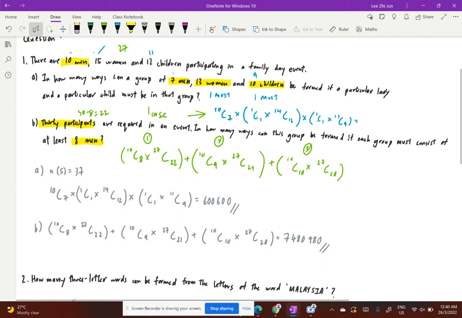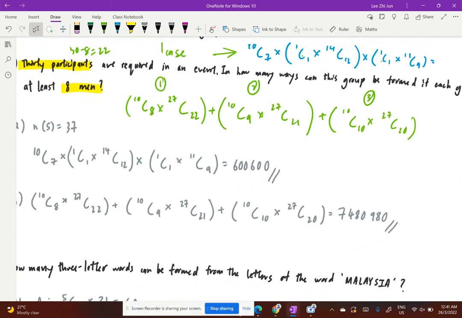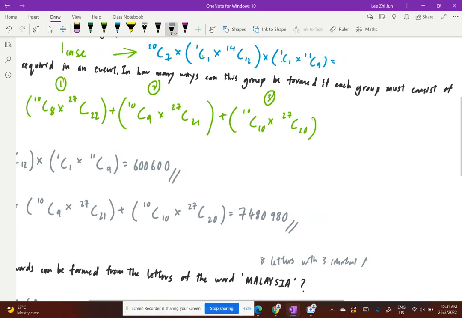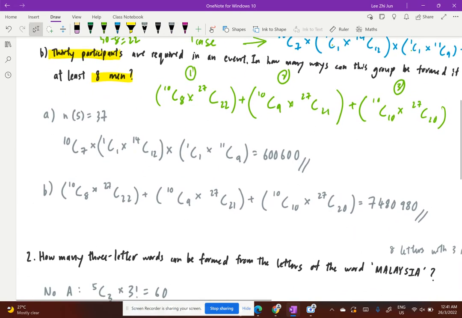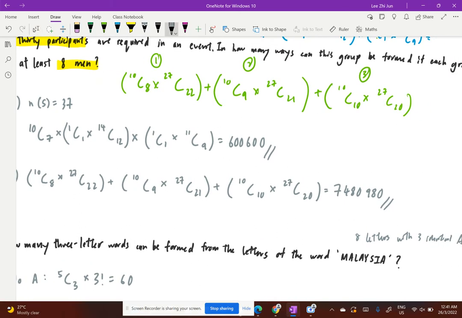Okay, so how many three-letter words can be formed from the letters of the word Malaysia? Malaysia has 8 letters with 3 identical A. There are 4 conditions with the 3 identical A because these are 3-letter words: it can be no A, or 1 A, or 2 A, or all A inside.